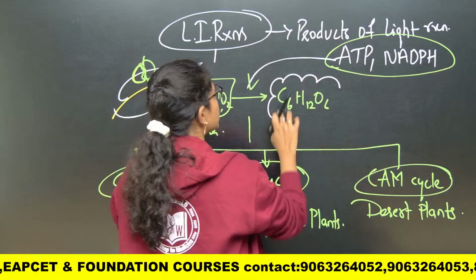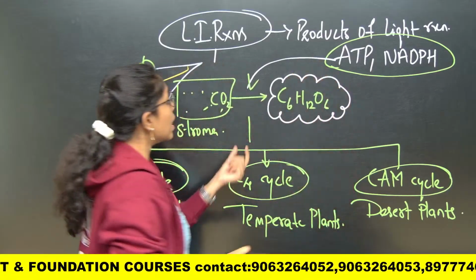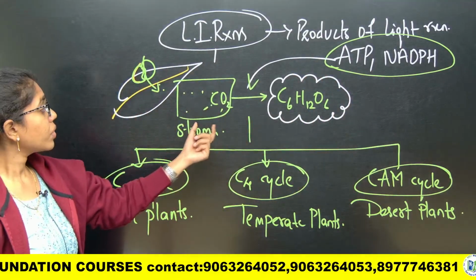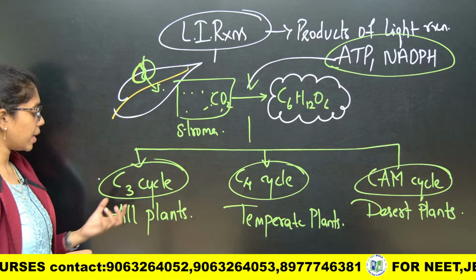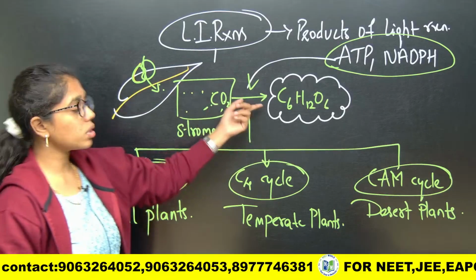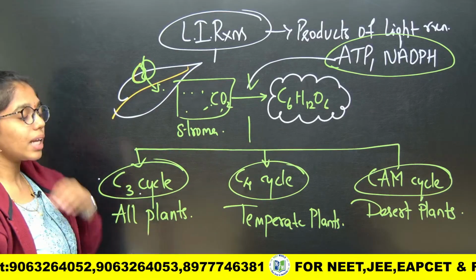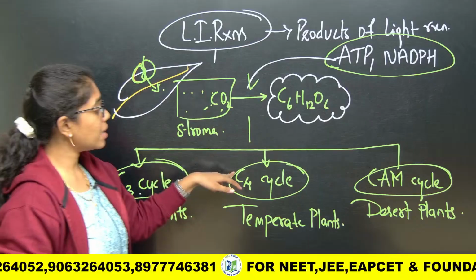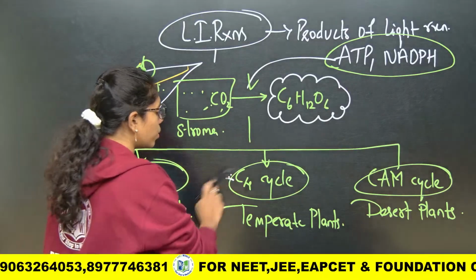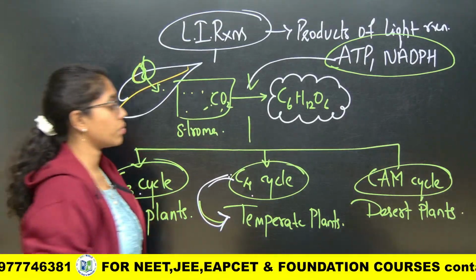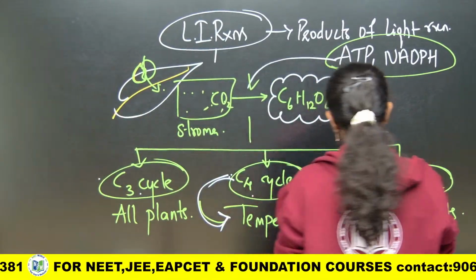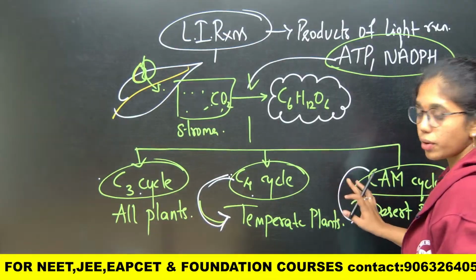This fixation is different in different plants. Glucose formation through the C3 cycle happens in all plants, but the C4 cycle is activated only in the temperate plants, and the CAM cycle is seen in the desert plants. Clear, right? You have understood this.